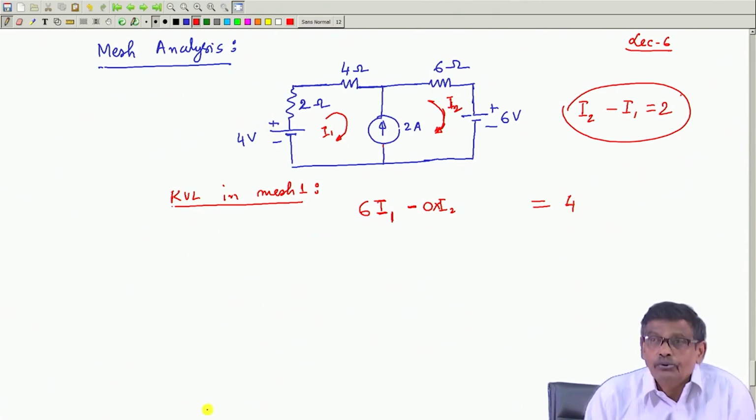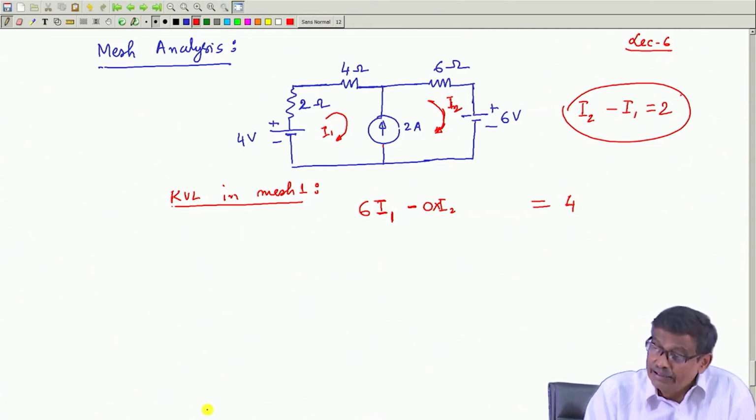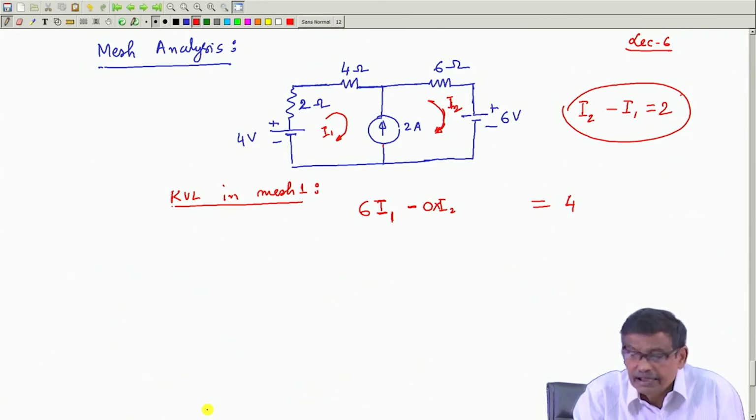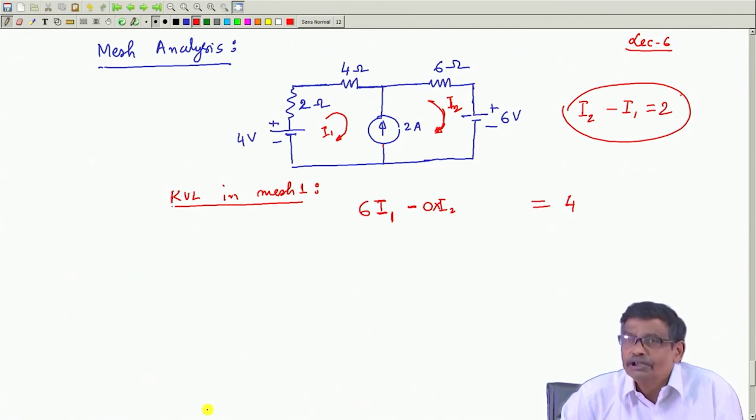Now, there is another source, which is the 2 ampere current source, but as I told you, when the current source is there, it is true the current in this branch has to be 2 ampere, but the voltage I do not know. Got the point? So, that becomes an additional unknown.